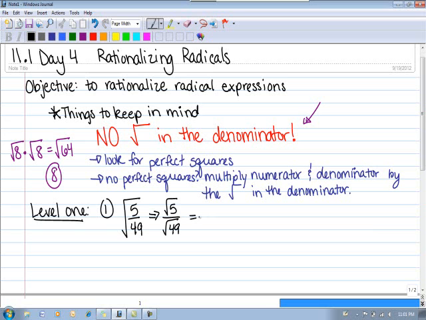And just like I said, this one is going to have a perfect square in the denominator, so I simplify that. I get the square root of 5 over 7. We've satisfied our main goal for the day. There's no radical in the denominator, and it's as simplified as it gets, so our answer is radical 5 over 7. So 1a for you to try is the square root of 3 over 64.